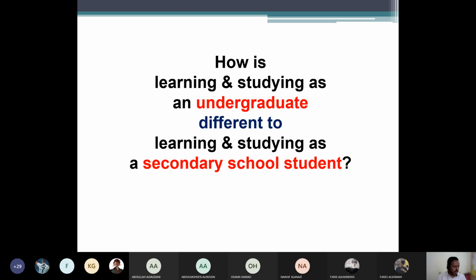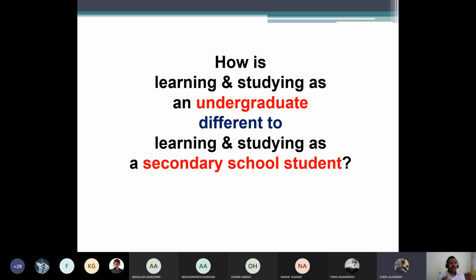So do you think learning in school and learning in the university are different or the same? What is your opinion? No, of course, different. Yes, it is different, because you may find many differences. In school everything is fixed. Your school starts from 7 till 1 o'clock, or 8 till 12 o'clock, something like that.